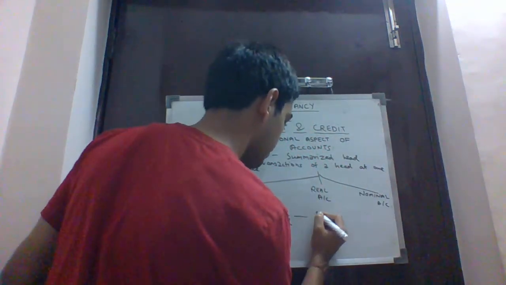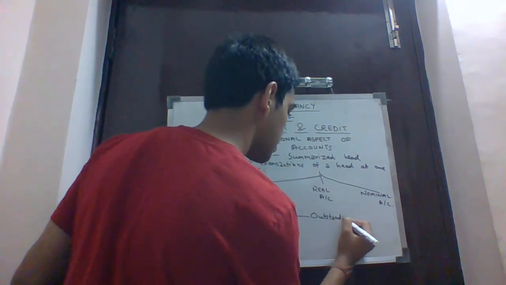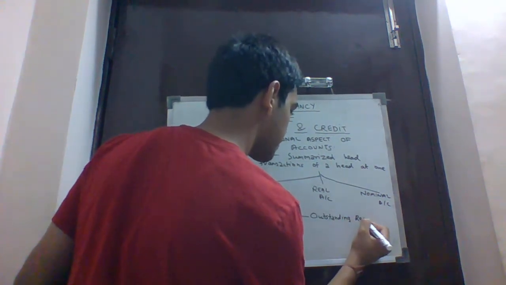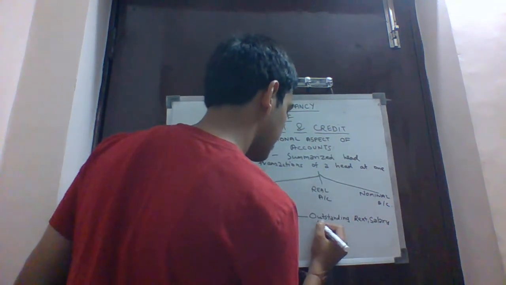So, representative personal accounts will account for outstanding rent, outstanding salary, outstanding wages.